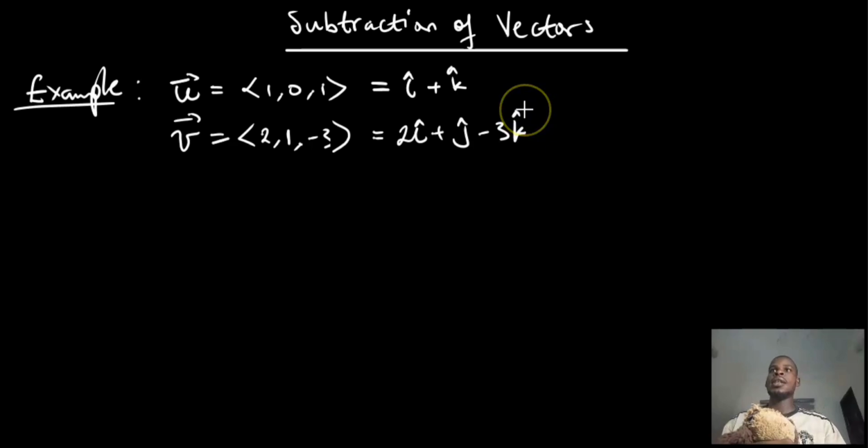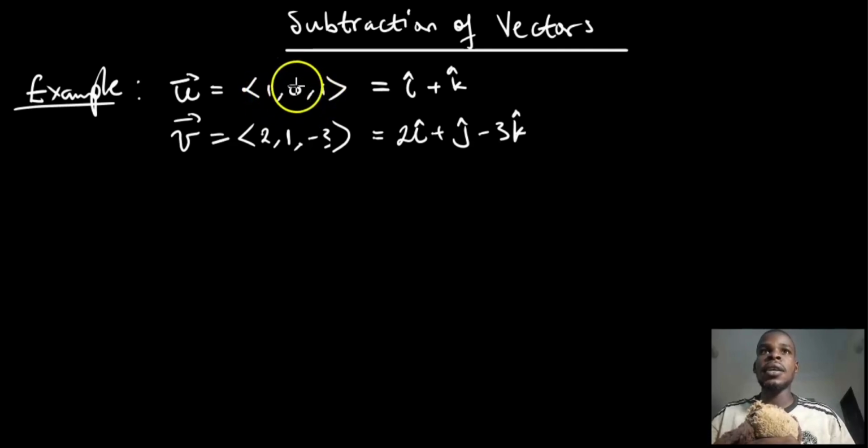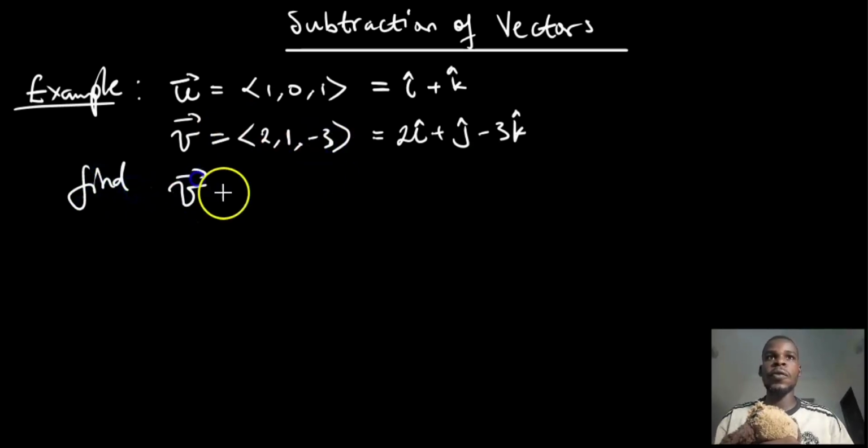That is to say, vector u has one pointing in the i hat direction, 0 in the j hat direction, meaning it's not affected by j hat, and so on. Then this one as well. You want to find out what this difference is: vector v minus vector u.